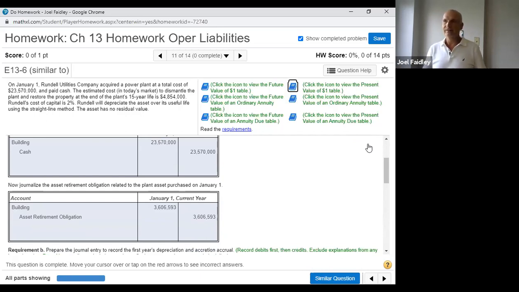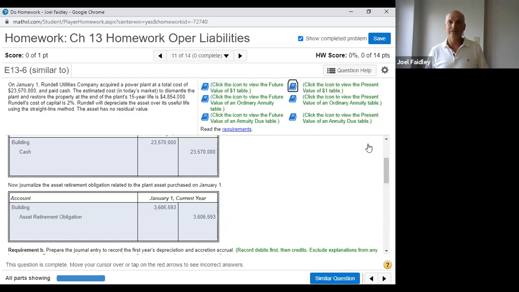But we also have this pseudo asset on our books now with a liability, ARO, that we're going to multiply by the 2% every year, really every month, but every year in this example. So that 3,606,593 at the end of 15 years through accretion expense is going to be 4,854,000.